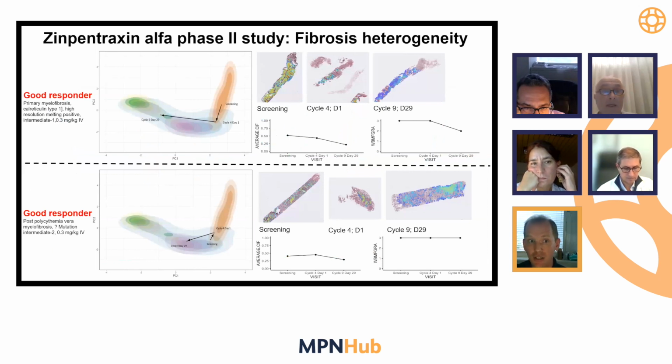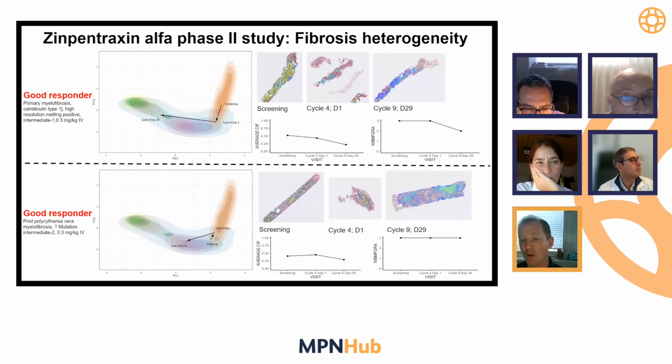And these are just some examples of where we plot these patients on our disease map. These are 2 examples of patients who responded very well across the trial. And on the right-hand side, we've got some low-power thumbnails of the biopsies. We have to be careful about samples which are technically insufficient and likely represent a sampling issue.